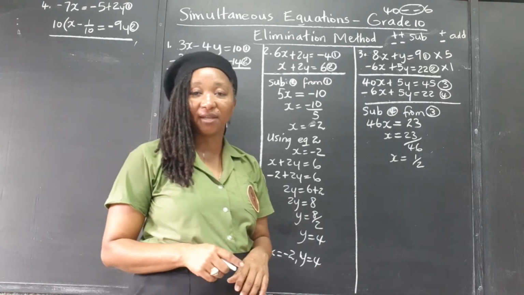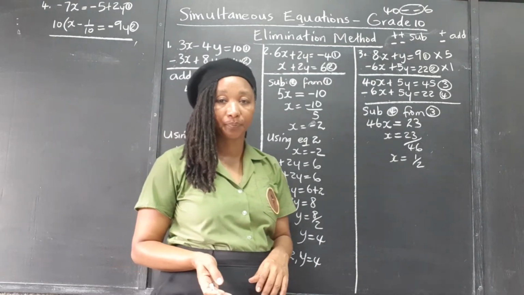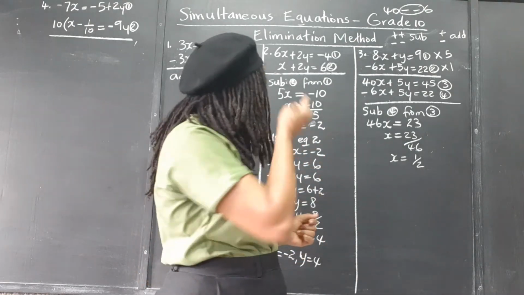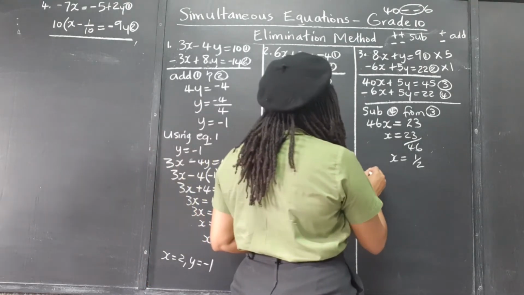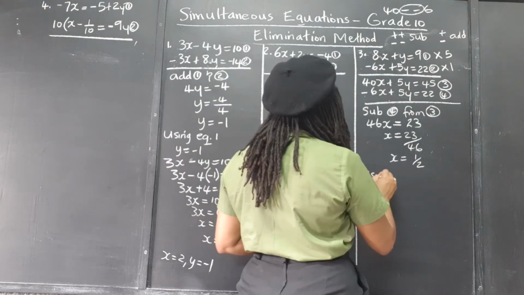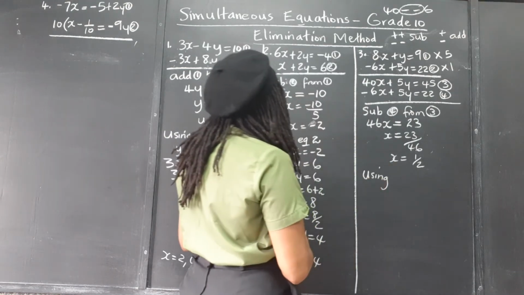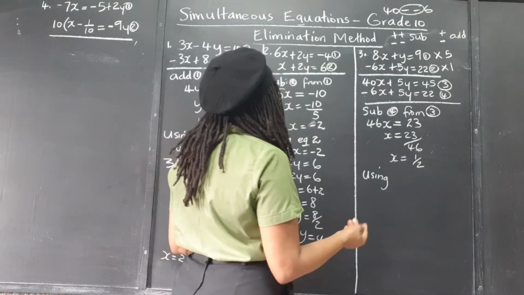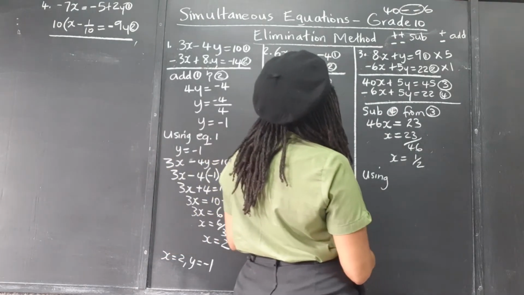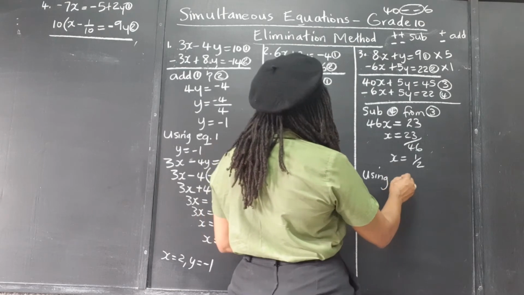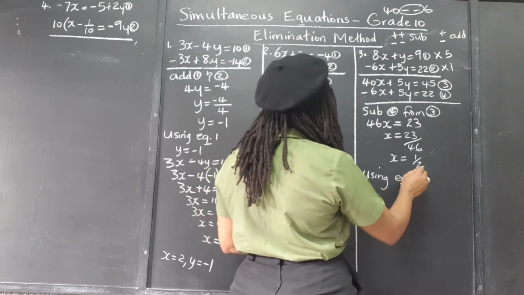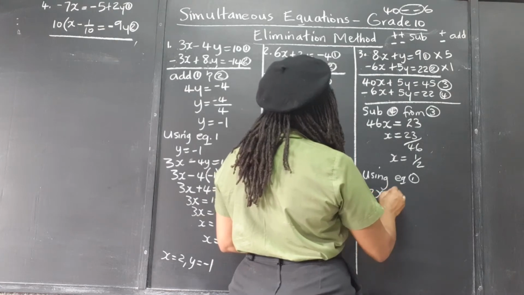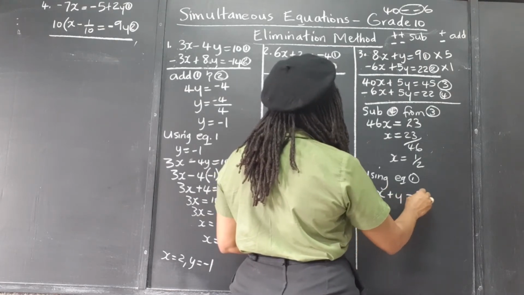We need to find what y is. So we're going to substitute that half where x is. We can go back to the original equation. So I'm going to use equation 1. That's 8x plus y is equal to 9.